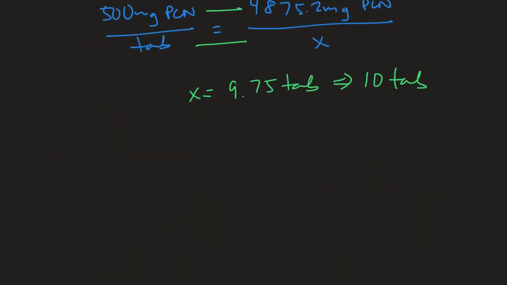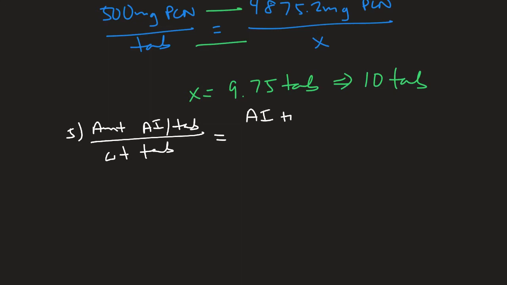As I said earlier, the important formula is amount of AI per tablet divided by the weight of the tablet equals part over part equals whole: AI total divided by the weight of the whole crushed tablet or powder.